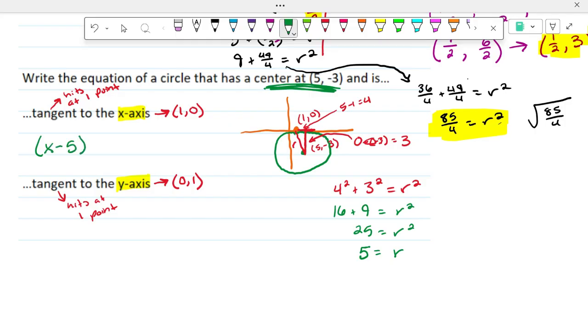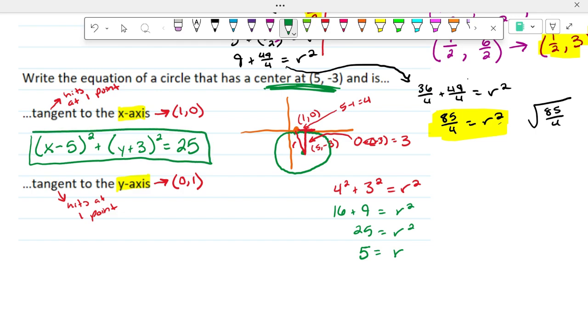X minus 5 squared plus y plus 3 squared, and it's equal to, what's r squared? 25. So that is our equation if it's tangent to the y-axis. I mean, not the y-axis, the x-axis. Yes.